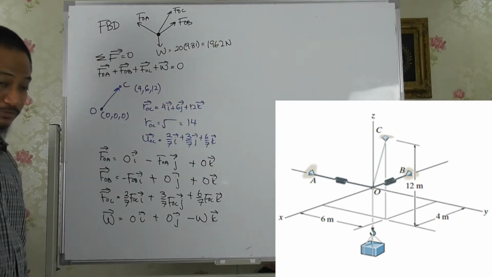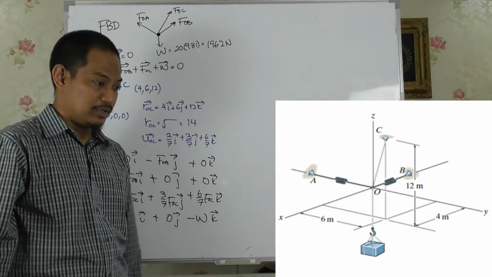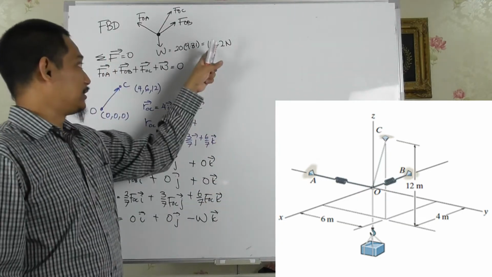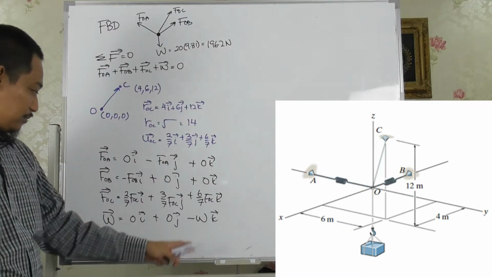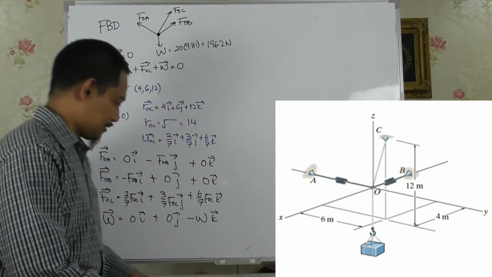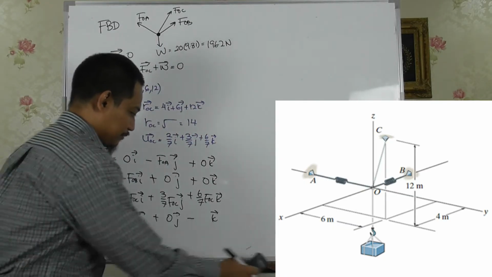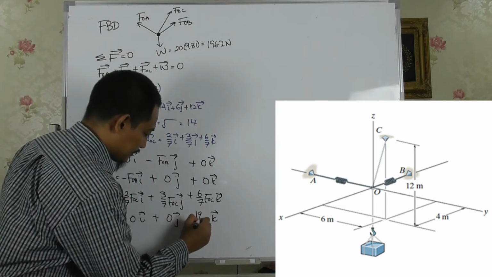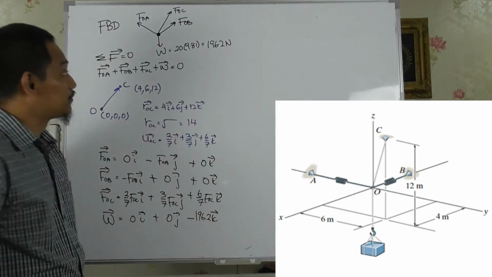Okay, that is given from the question, the mass. So actually the free body diagram should already include the known value. So if I'm to write it straight away, it will be that value, 196.2 Newton.